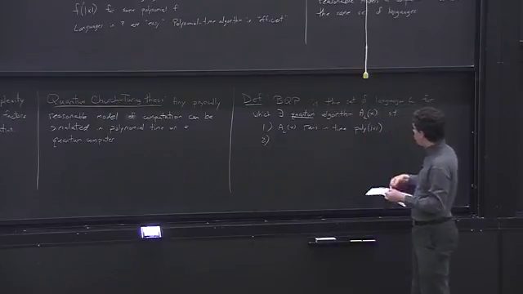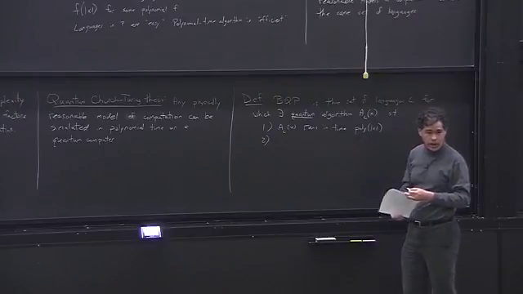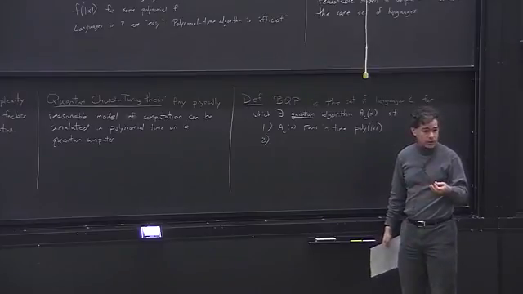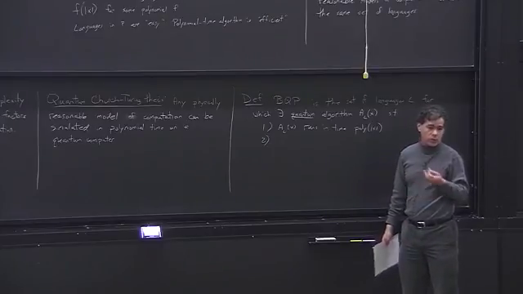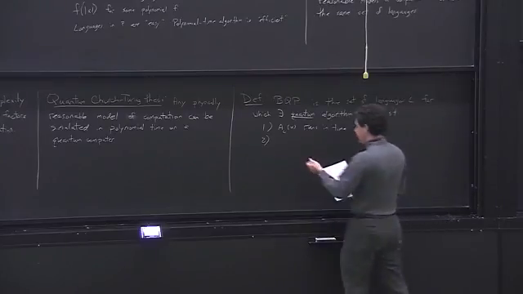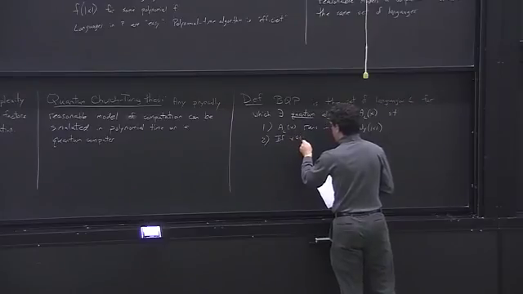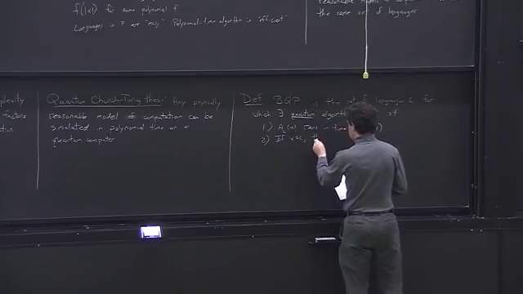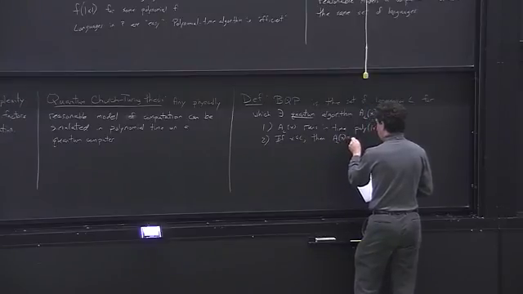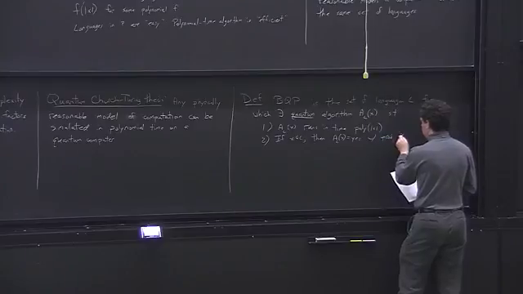And OK, so when x is a yes instance, we want this algorithm to output yes. But because a quantum algorithm is probabilistic, we don't insist that it output yes with 100% probability, just with a very good probability. So if x is in L, then it outputs yes with a probability that's at least 2/3.